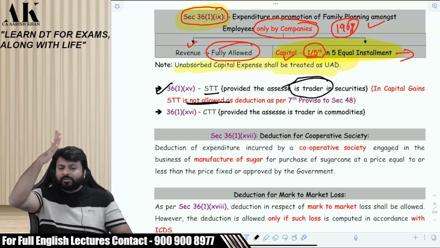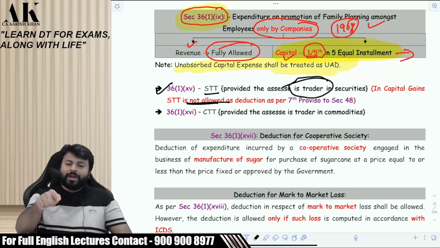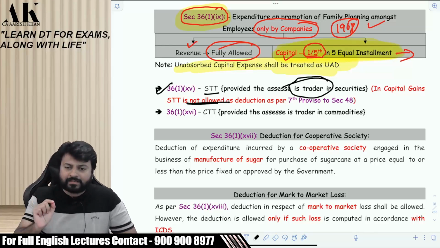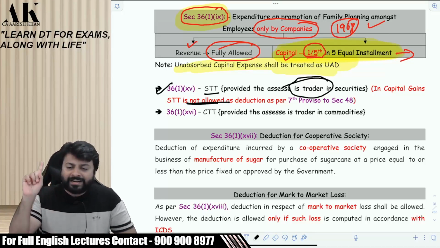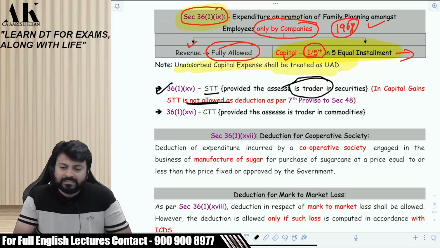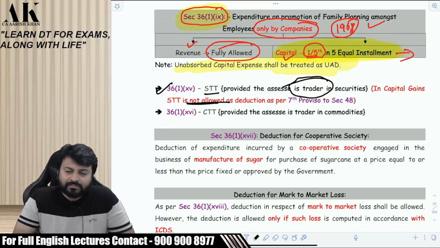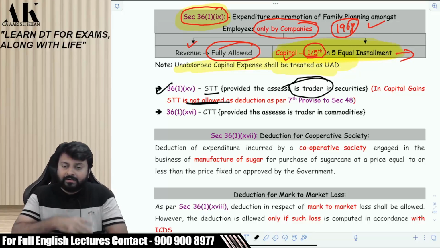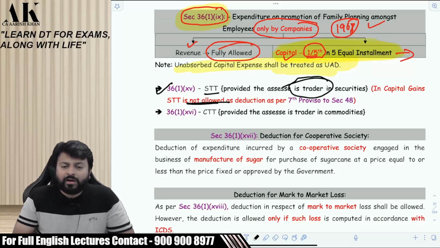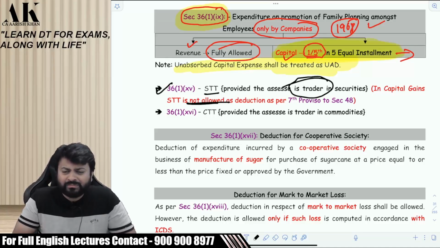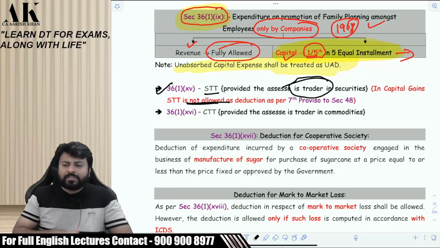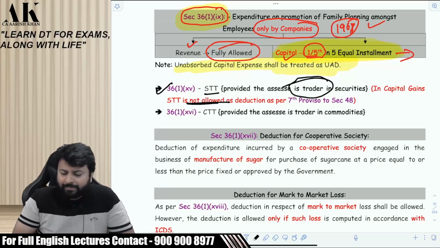If you and I purchase shares, we are not purchasing like a trader. We are not Junjunwala. Junjunwala purchases like a trader. His day-to-day job is buying shares and selling shares. So if Junjunwala sir pays the STT, it will be allowed as deduction to him under PGBP, but not to us under capital gains.